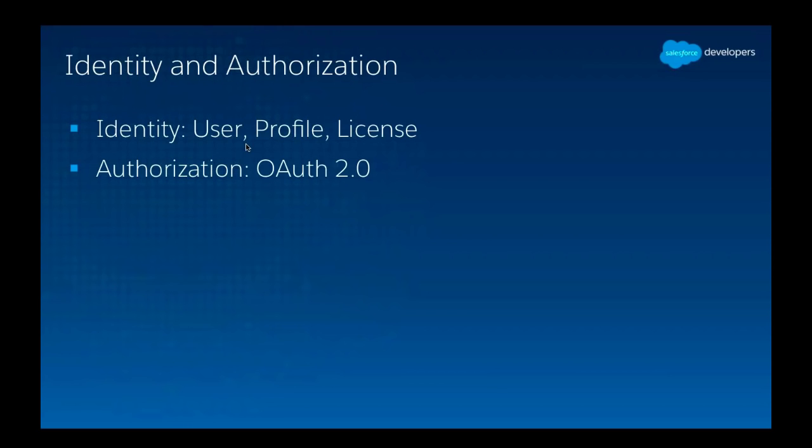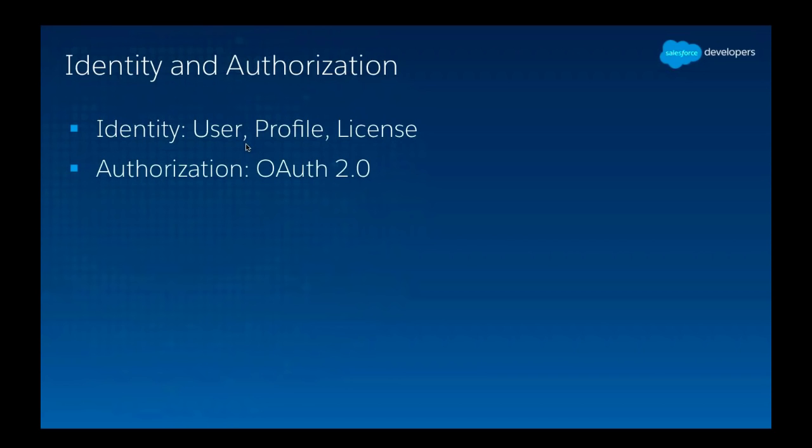So first of all, when it comes to identity, it basically boils down to who is your user, what's that user's profile, and what license does that user have. The user is assigned to the individual. The profile is a group of settings that apply to that user. Some of them are permissions-based. Some of them affect user interface. Some of them affect other things. And your license is essentially what you pay for.